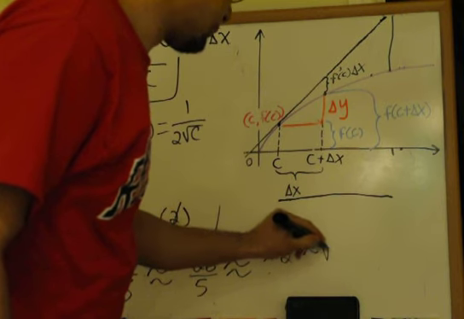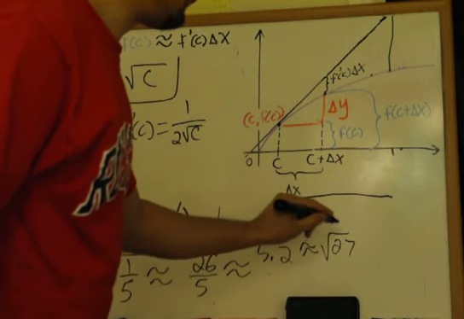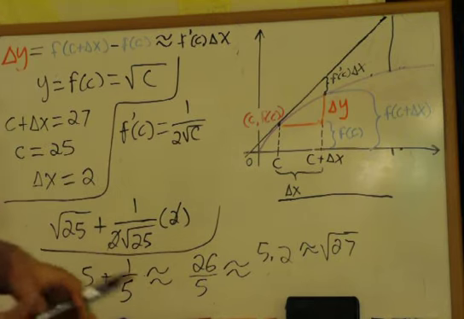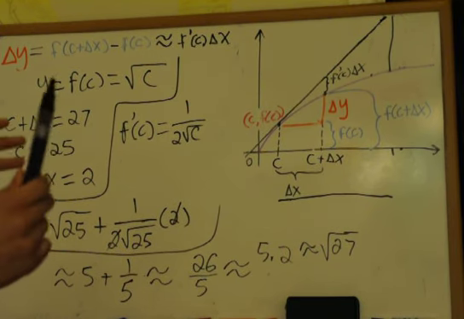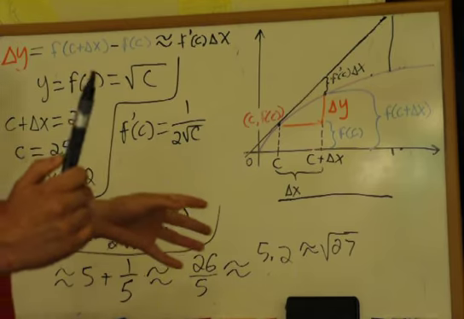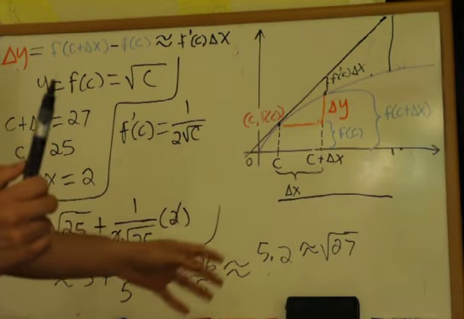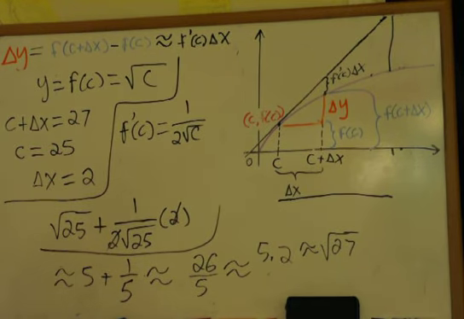Okay? So if you actually check in the calculator the square root of 27, you'll get like 5.189 or something, or 5.198, something like that. But it's a very, very extremely close approximation, 5.2.